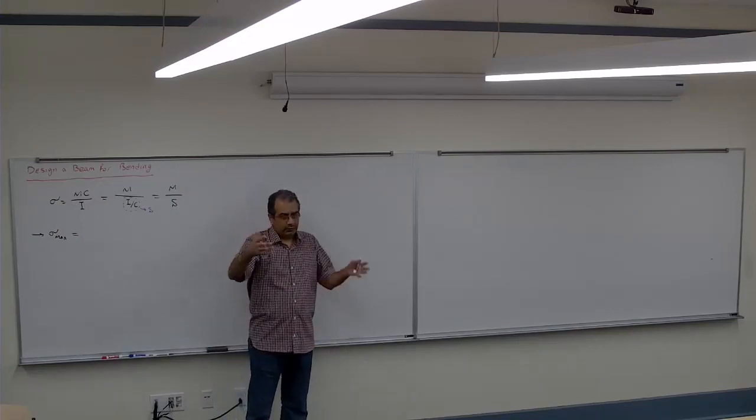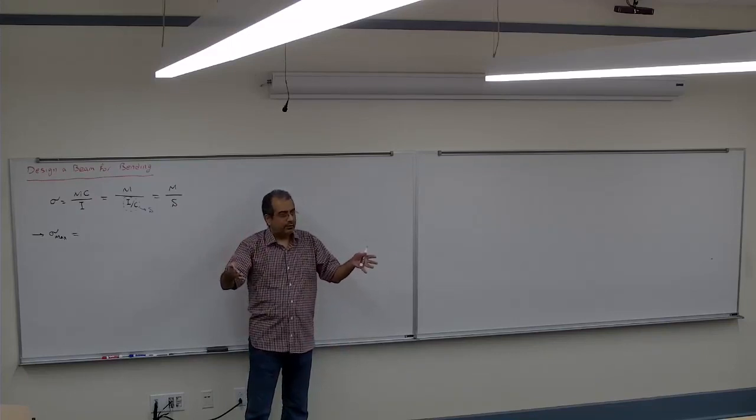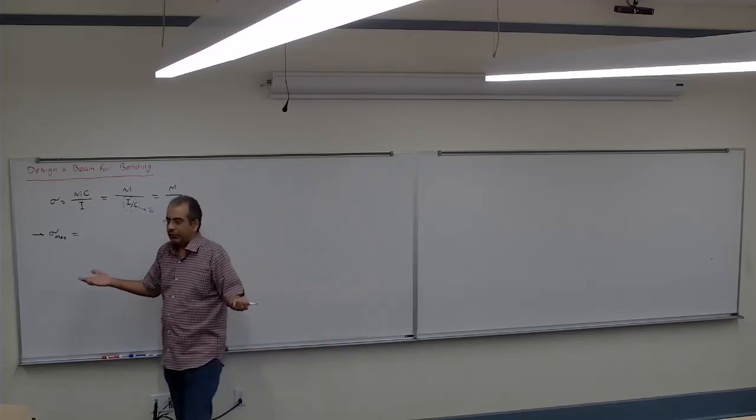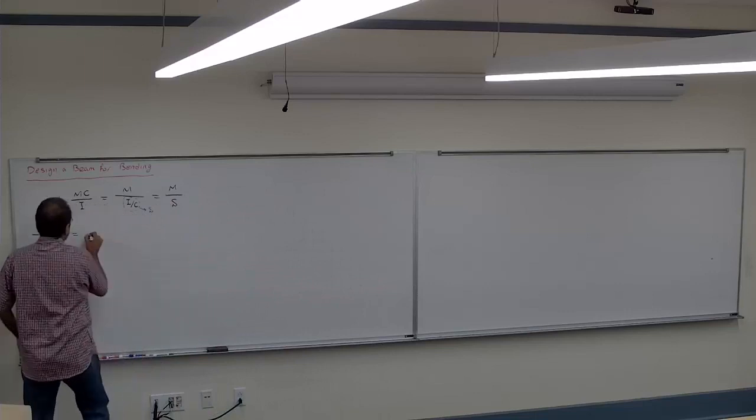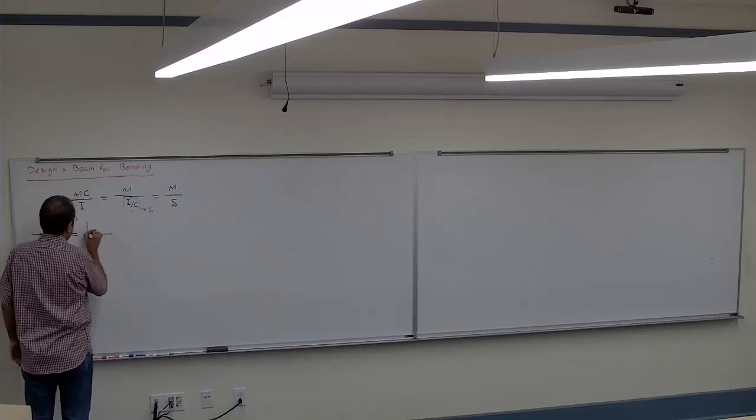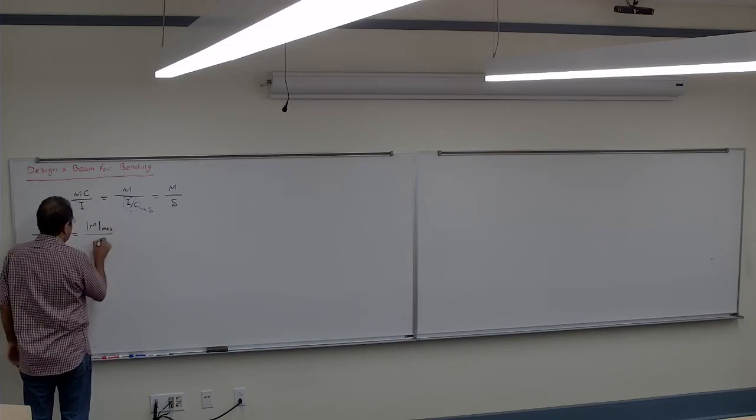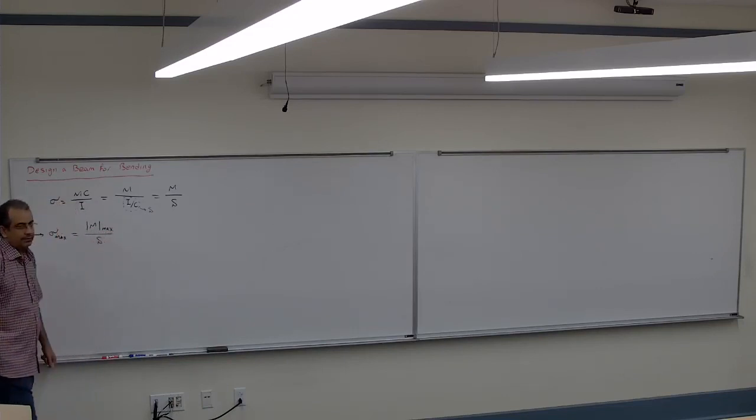It doesn't matter about the sign; we are looking for the absolute value of M. So wherever the absolute value of M is max, sigma max happens there, divided by S. Agree? So this is the maximum that can happen in the beam.